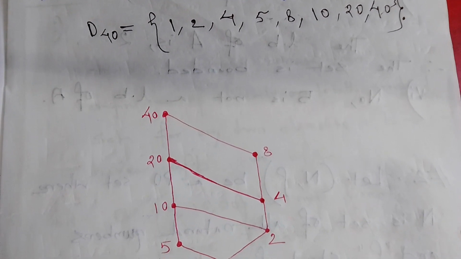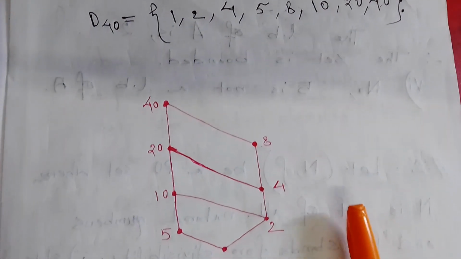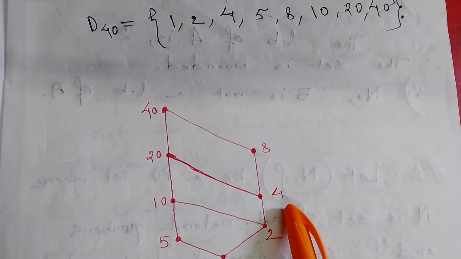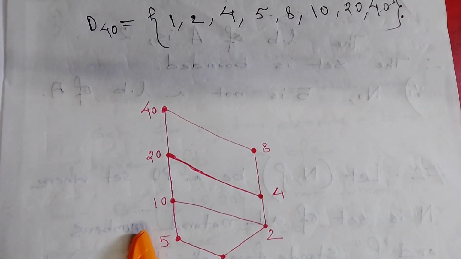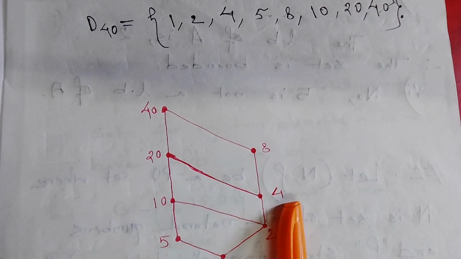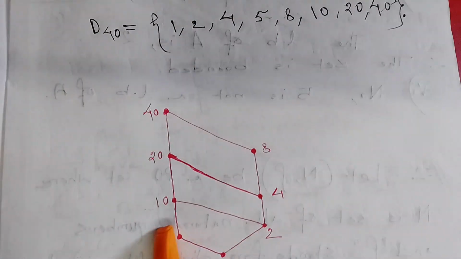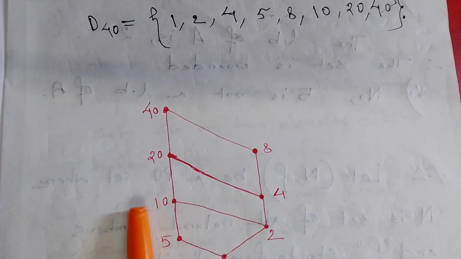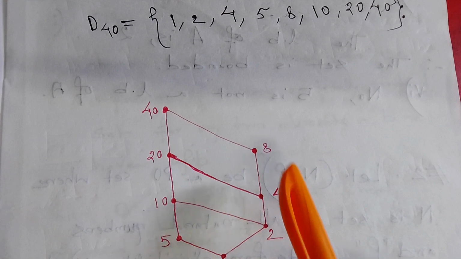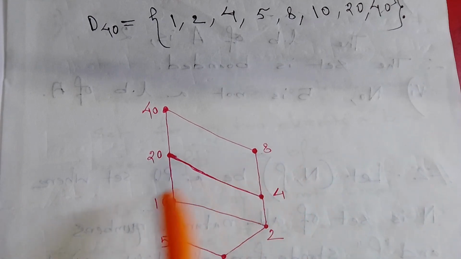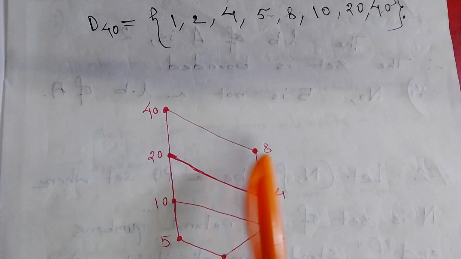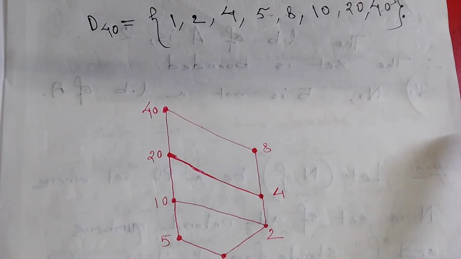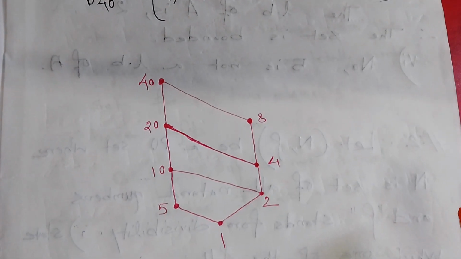If we draw the Hasse diagram of the given POset, it is this: 1 divides 2, 1 divides 5, 2 divides 4, then 5 divides 10. 4 and 10 are on the same level, and they both divide 20, so from 4 to 20 and 10 to 20 there will be 2 edges. Then the next element is 8: 4 divides 8. 8 and 20 are on the same level, and they both divide 40. So this is the Hasse diagram.